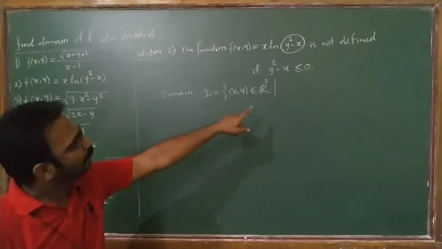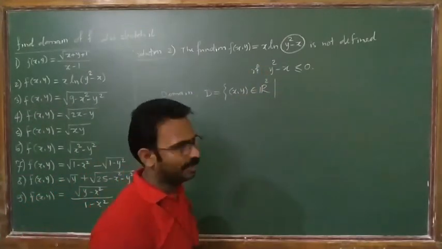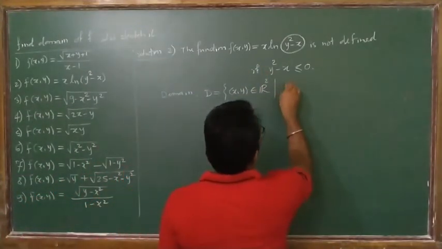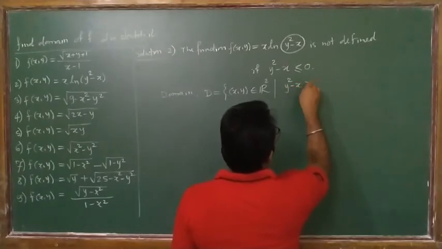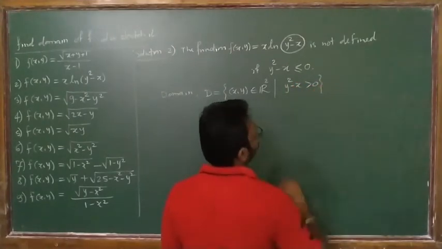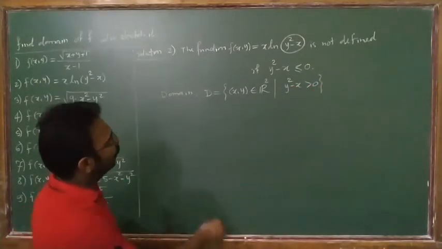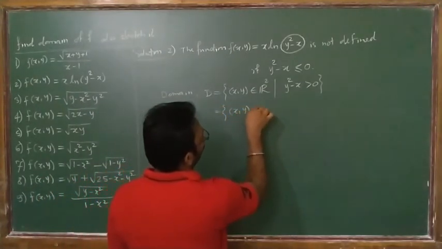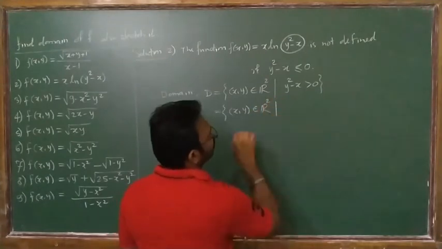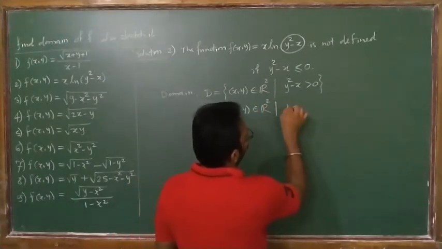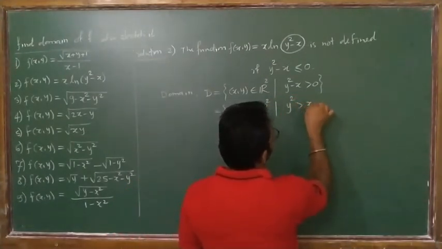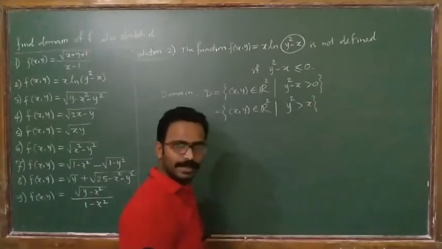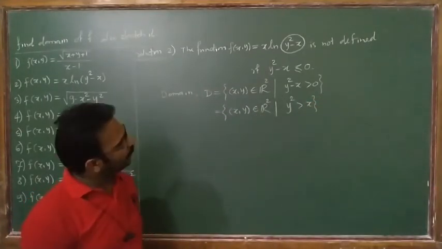Meaning this quantity should be positive, such that y square minus x is positive. That means the domain should be the ordered pairs in R2 such that y square should be greater than x.